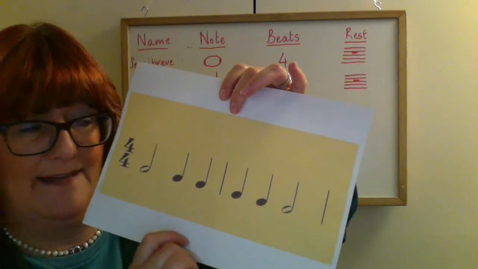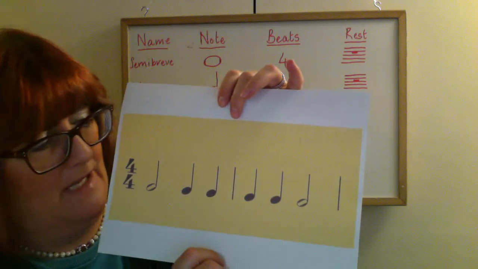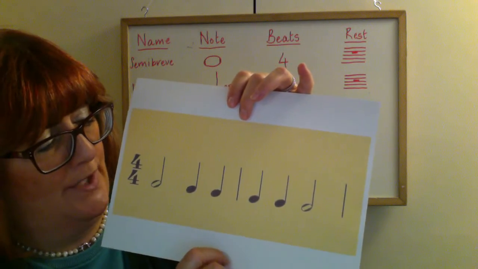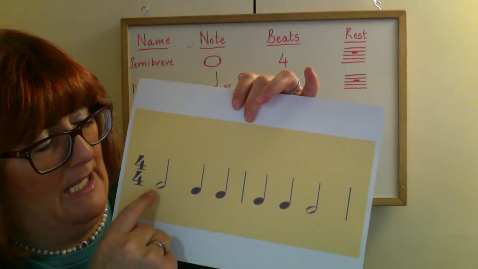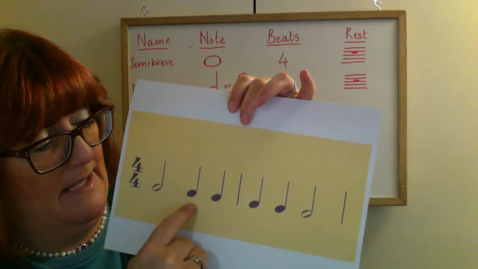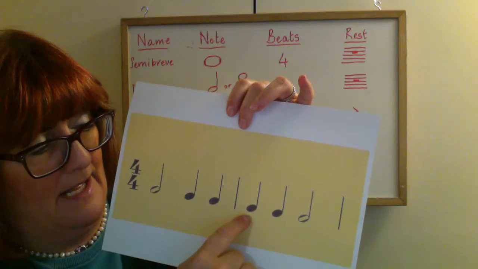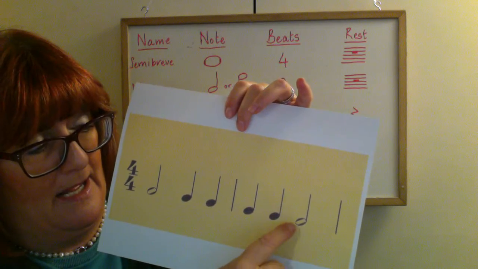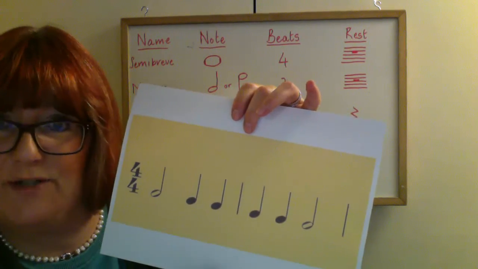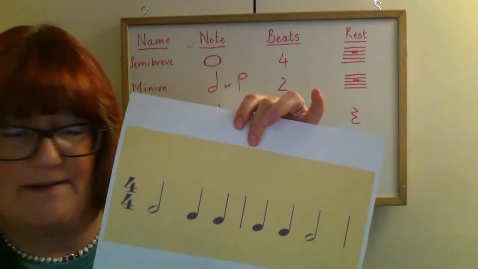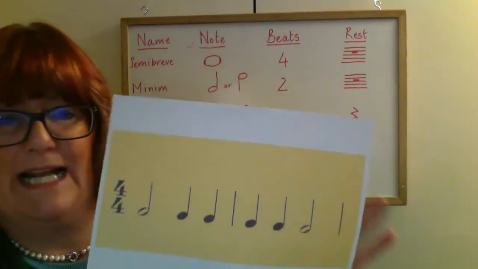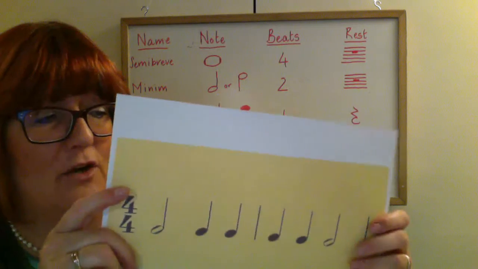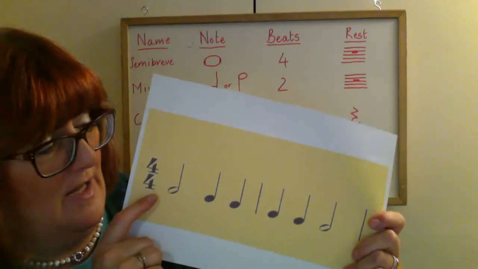Okay, so let's sing this one now. 1, 2, 3, 4. La, la, la, la, la, la. Did you get it right? I bet you did. Shall we try it again? Let's change our sound. Let's go to this sound.